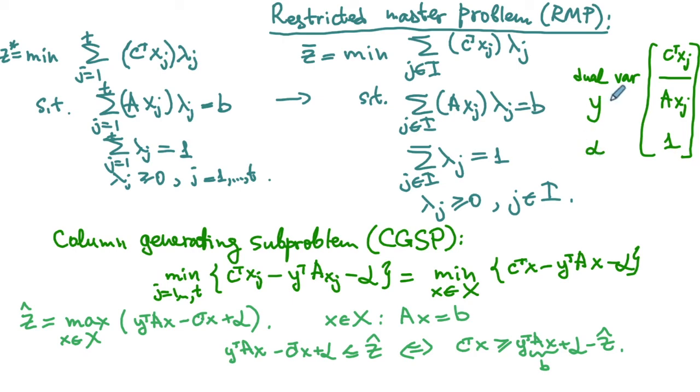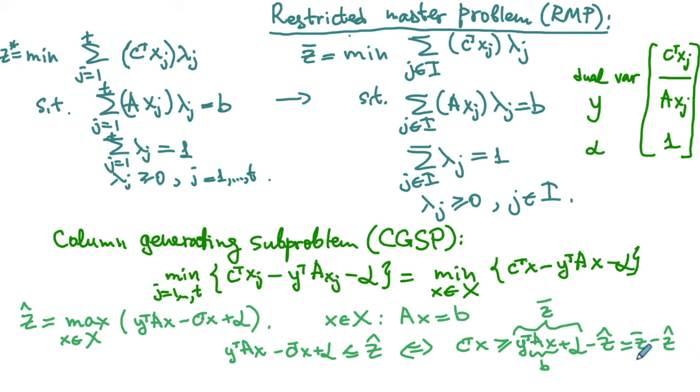It's nothing else but the optimal objective value of our dual LP, that is the dual of the restricted master problem. We know that the optimal objective value for the restricted master problem is z bar, and the optimal dual value must be exactly the same. So this whole thing here is equal to z bar. So we obtain z bar minus z hat here.